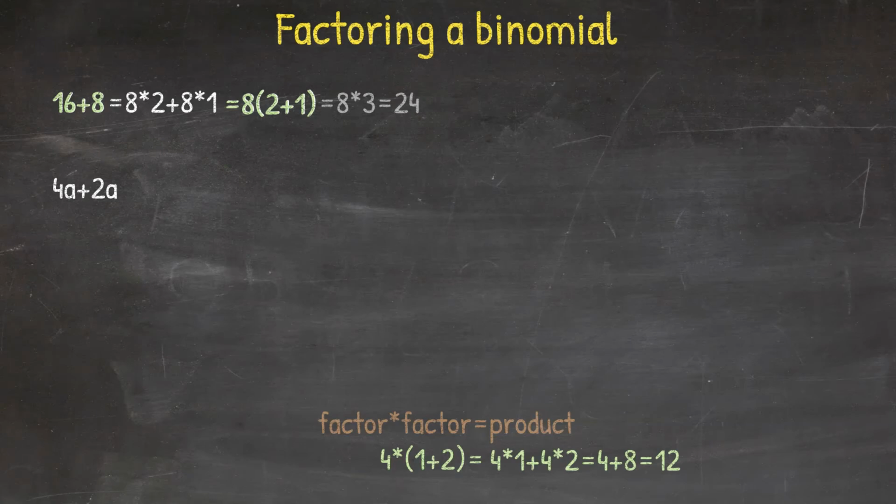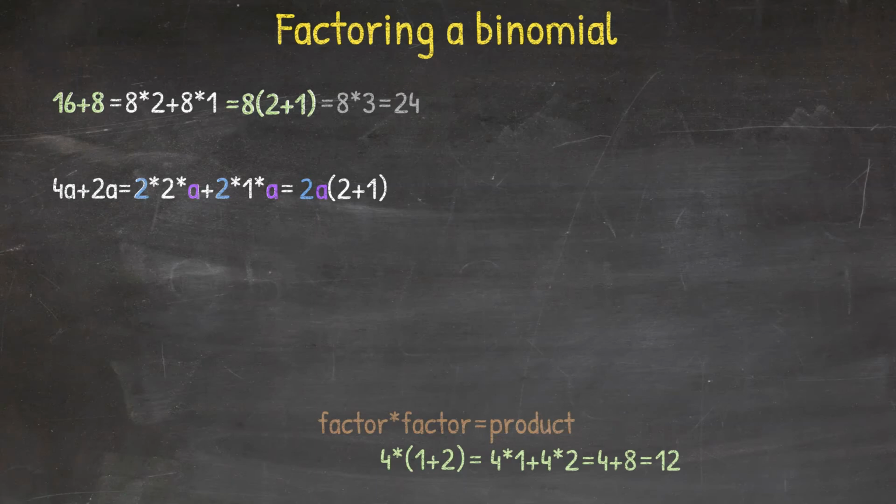And as a result, we get 2 times 2 times a plus 2 times 1 times a. At the next stage, we will pull out common factors in both terms, and they are 2 times a. Once we do that, what we're left with are 2 plus 1.